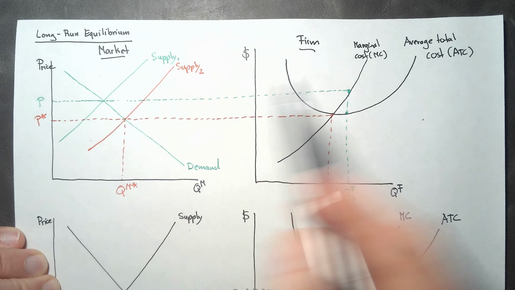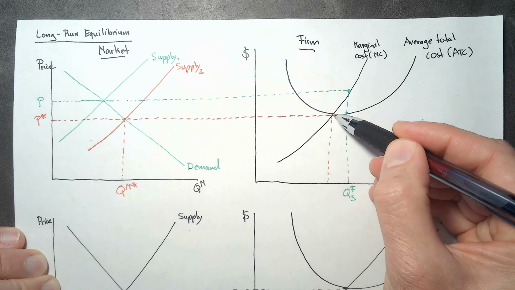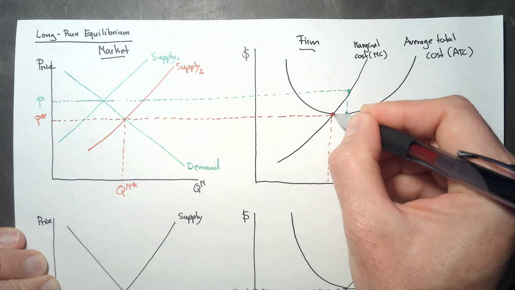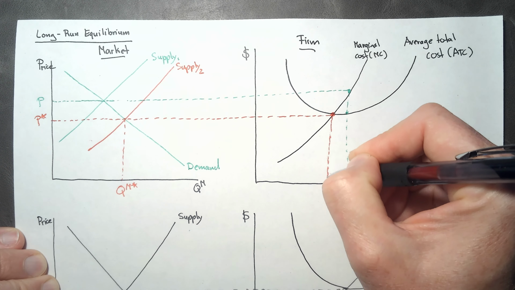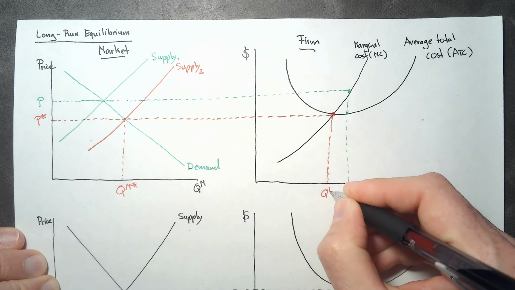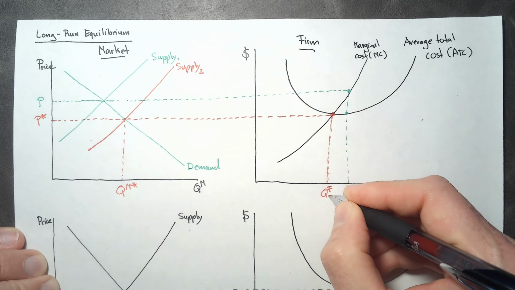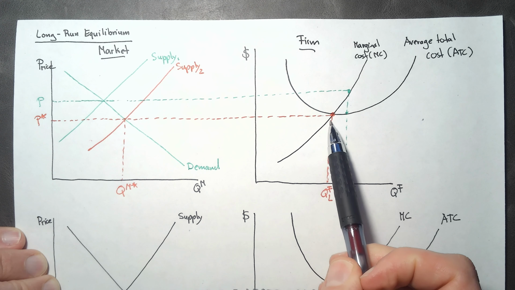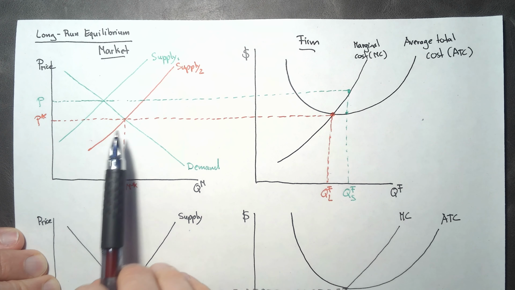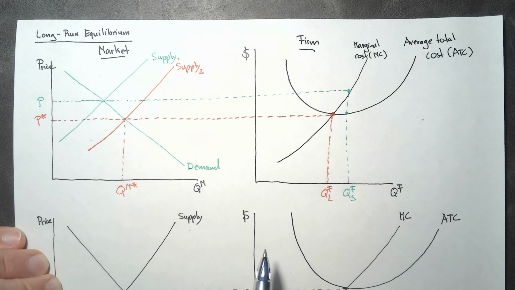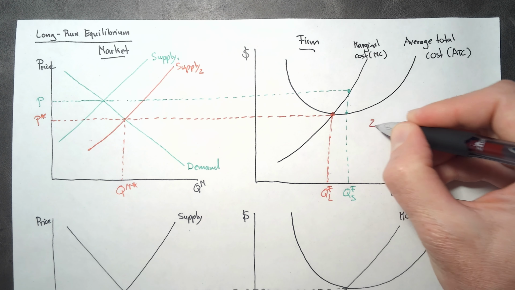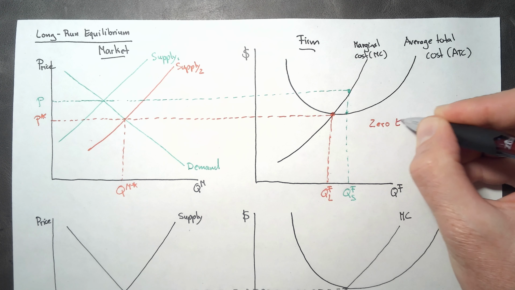Now, if the price decreases to the minimum of the average total cost function, so each individual firm is producing here, let's call this QFL for long run, then each individual firm does not make any profit, and this industry is now in equilibrium. So this condition we call the zero economic profit condition.